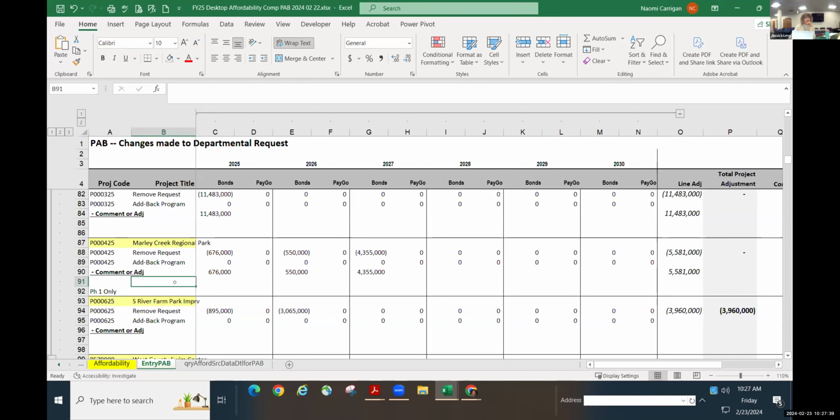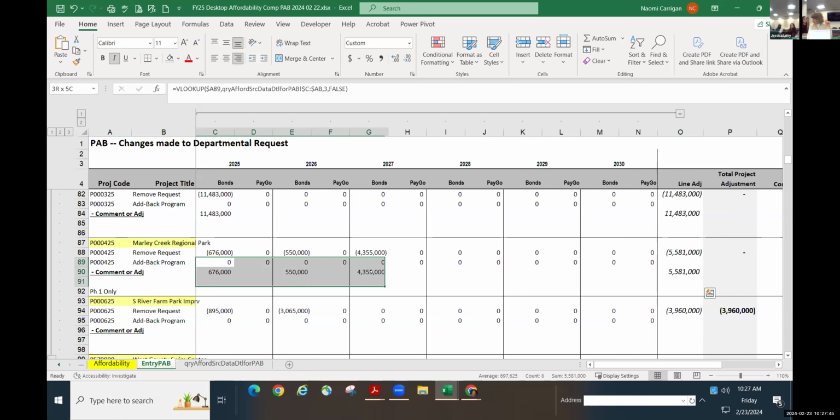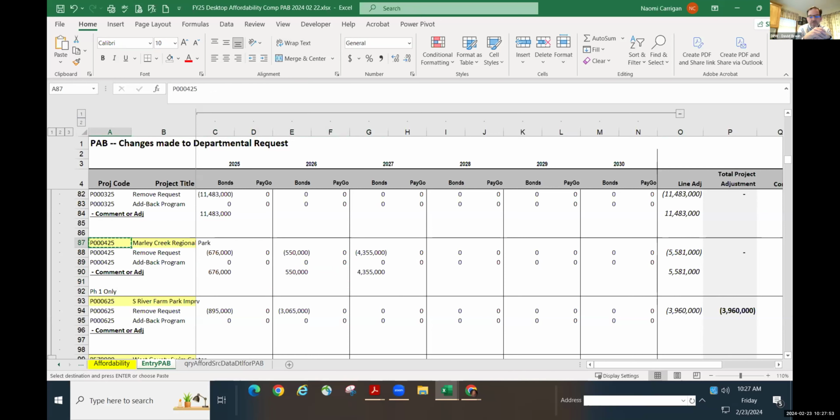For the 4 million, I mean, the 25 and the 26 makes sense, but what about 27? Yeah, that's the construction number. 25 is design, 26 is getting the construction manager on board, and then 27 is construction.